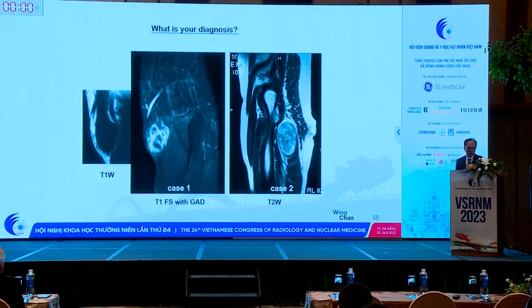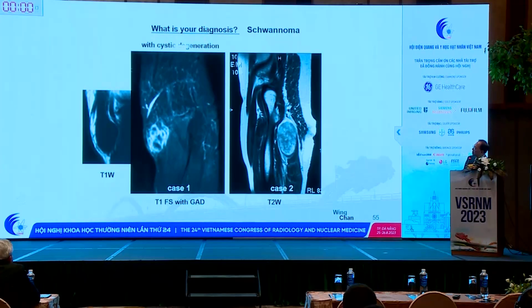But as we know, neurogenic tumors like schwannoma usually depict the fat pad sign and have an ovoid shape with so many ducts like that. But degeneration is very common. So don't forget, it is a typical cystic degeneration in schwannoma.